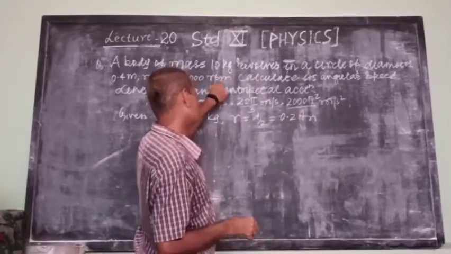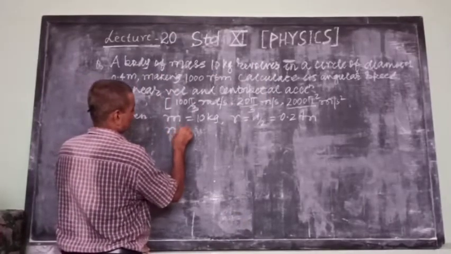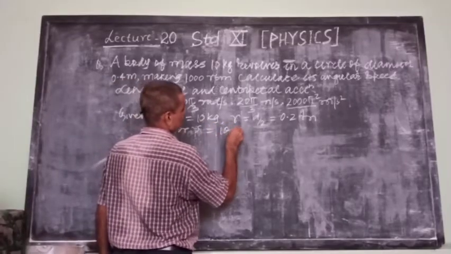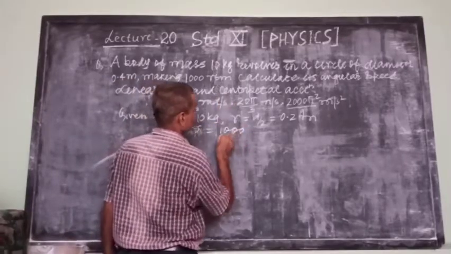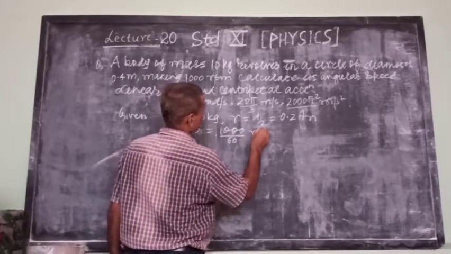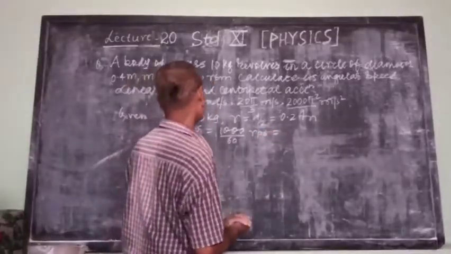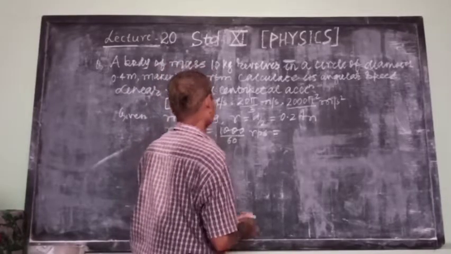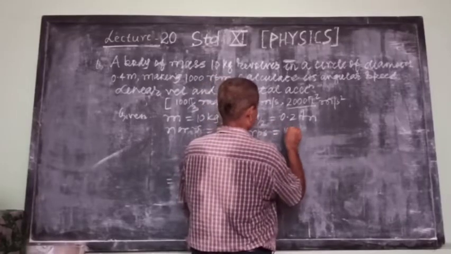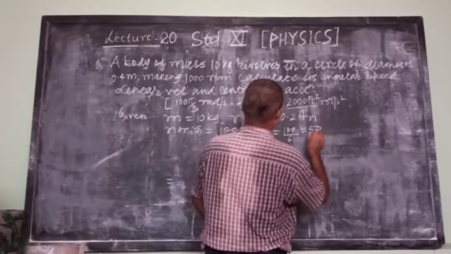Making 1000 revolution per minute, N or nu is given as 1000 revolution per minute, so it will be divided by 60 to get revolution per second. So 1000 by 60, this 0 cancels, 100 by 6, so it may be 50 by 3.